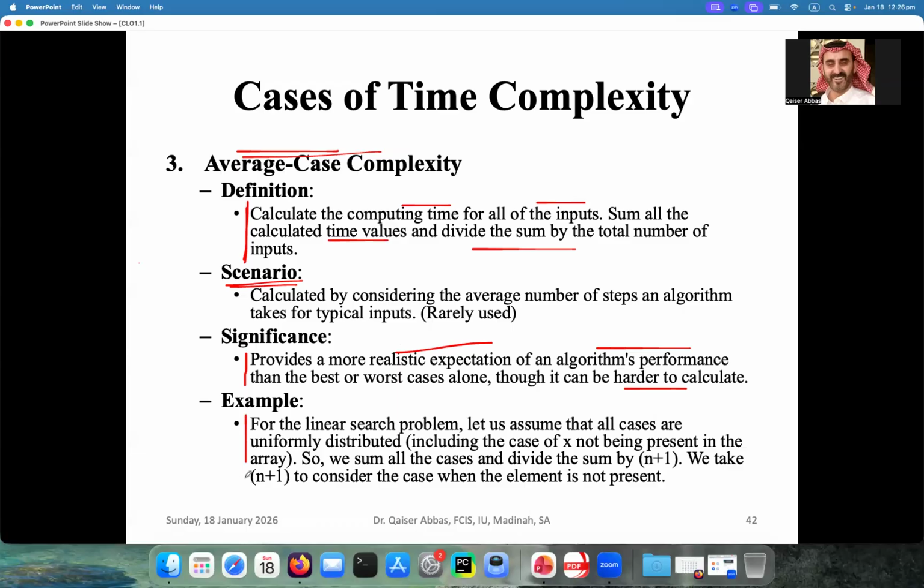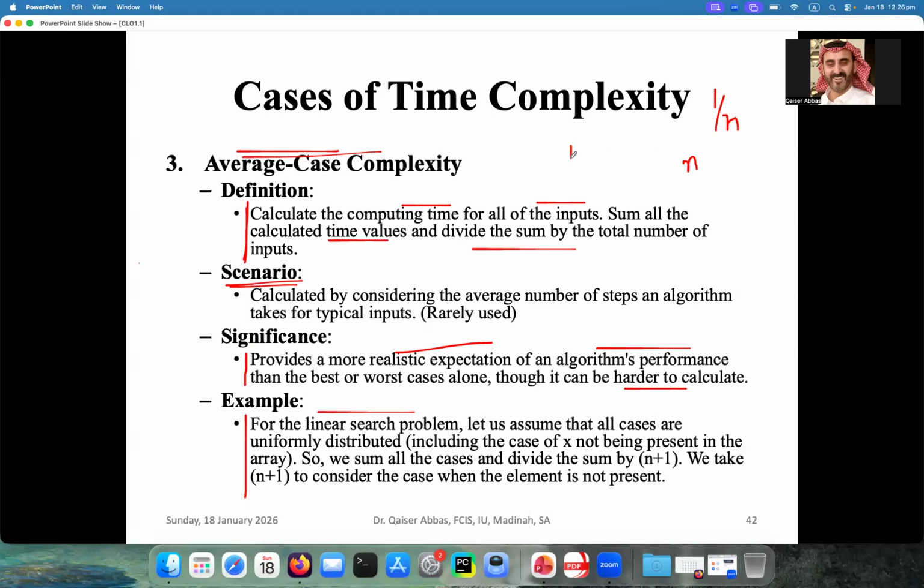Here we are discussing the linear search algorithm, and we will discuss all cases. The first thing is we will assume that all the inputs are distributed uniformly. It means that if n is the number of inputs, then each has 1 over n.